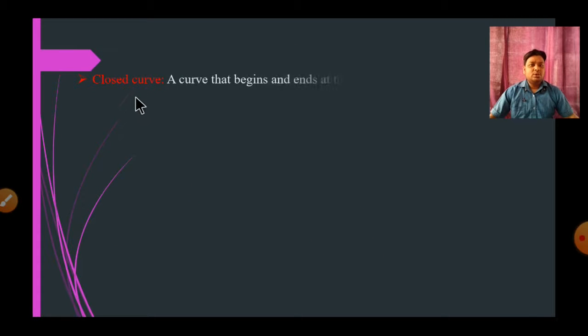Now what is a closed curve? A curve that begins and ends at the same point is called a closed curve, just opposite to an open curve.